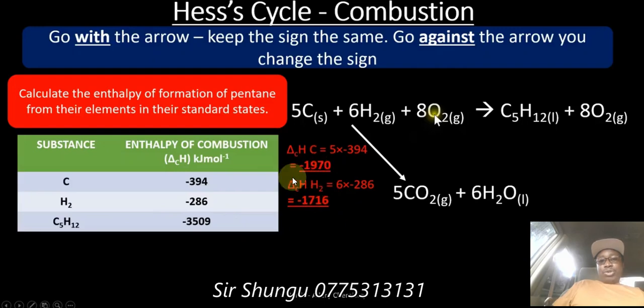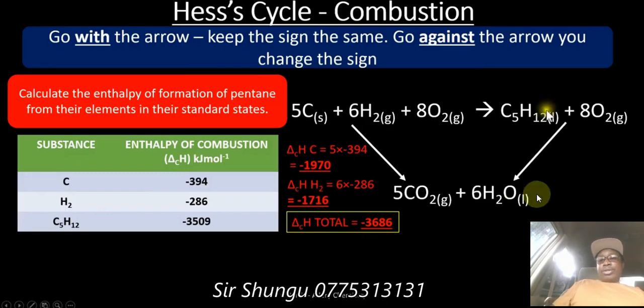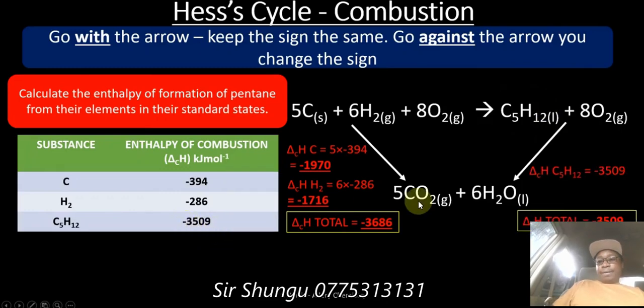So we have to add these 2 enthalpy changes to get a total of negative 3686 here. Now this side, our pentane can burn to produce carbon dioxide and water, and we have 1 more here. So 1 more here is negative 3509. So that's the total energy change there.